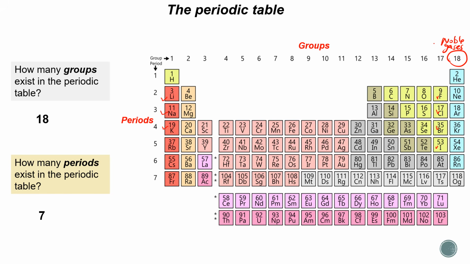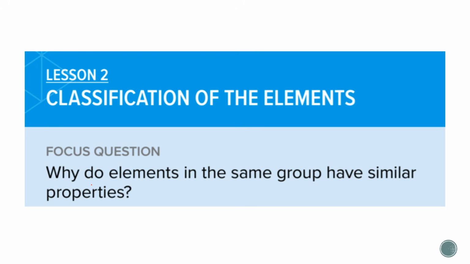They are inactive, right? They are stable, very stable. Why is that? Why are group 1 elements very reactive, or group 2 elements very reactive? Why do elements in group 17 have similar chemical properties? This is what we are going to try and answer throughout this video.